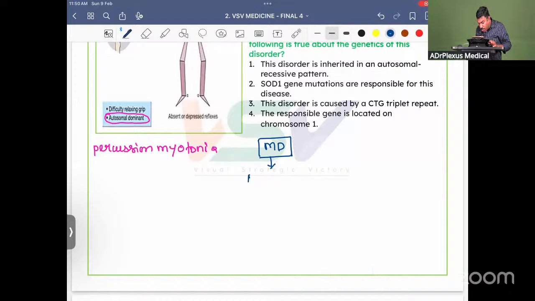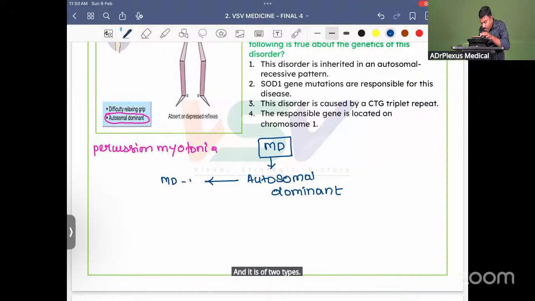Myotonic dystrophy is an autosomal dominant disease and it is of two types, MD1 and MD2, myotonic dystrophy type 1 and type 2.